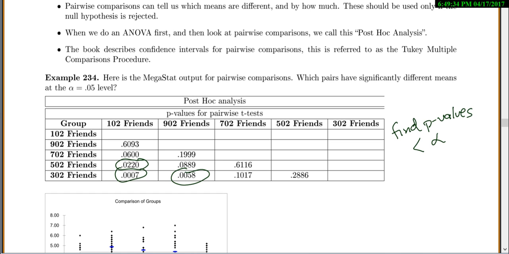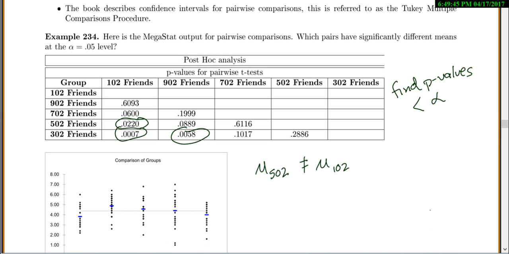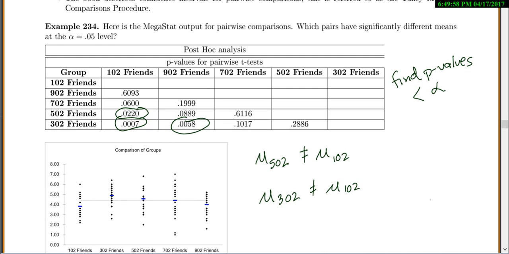So what this tells us is that the mean for our 502 group is not equal to the mean for the 102 group. And let's see, this one has the 302 and 102. So the mean of 302 is not equal to the mean of 102. And the last one is 302 and 902. So the mean of 302 is not the same as the mean of 902.